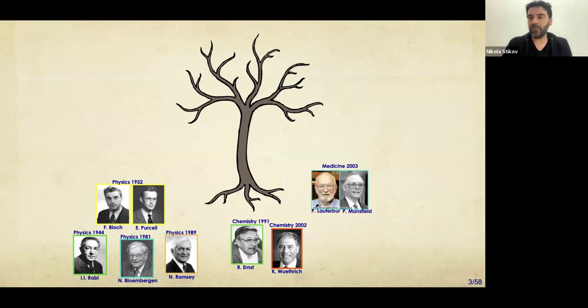And then finally came the Nobel Prize in Medicine in 2003 to Paul Lauterbur and Peter Mansfield, that basically said, and now finally this technology is used in the clinics, and it has really revolutionized the way that we look at the human body. So these are the roots of MRI, and they're pretty deep and they're pretty remarkable.